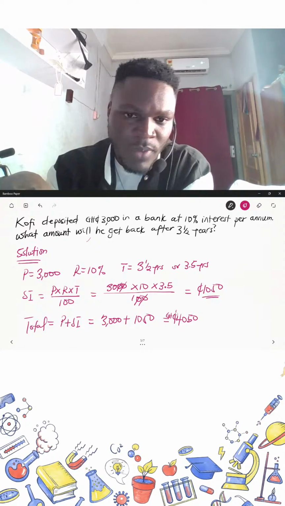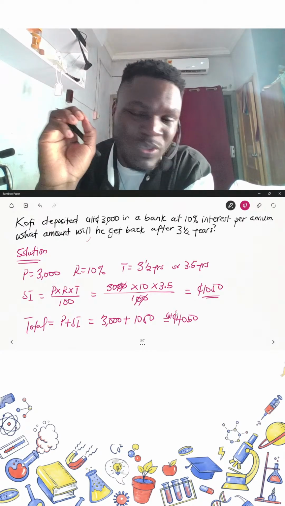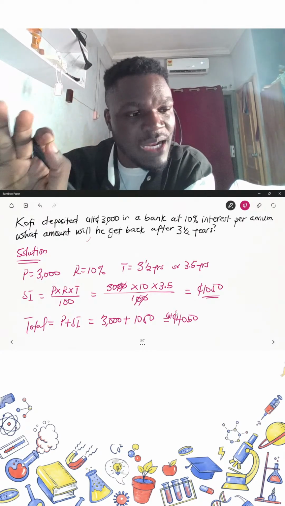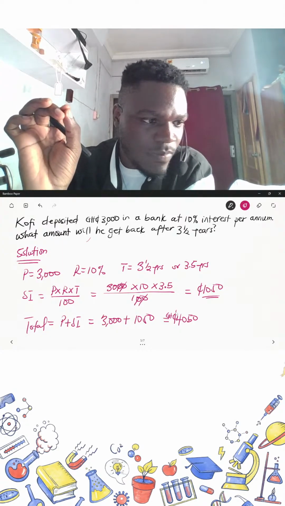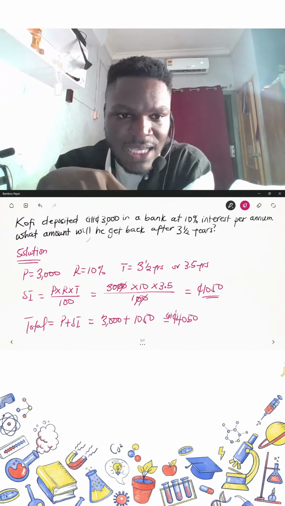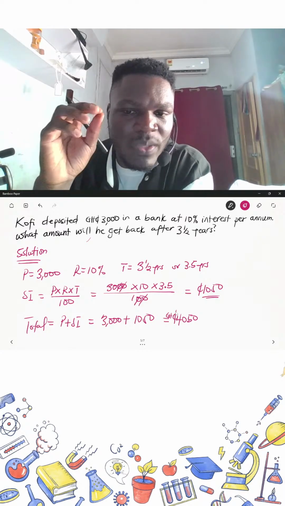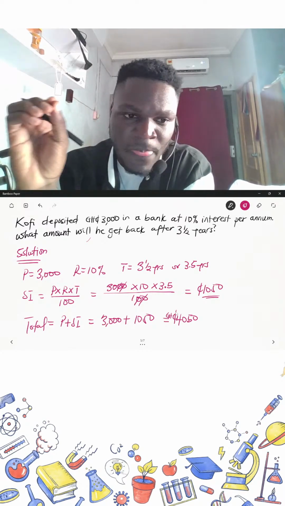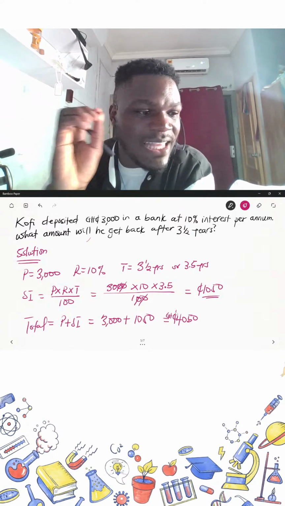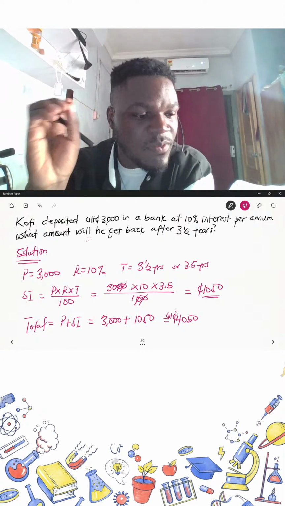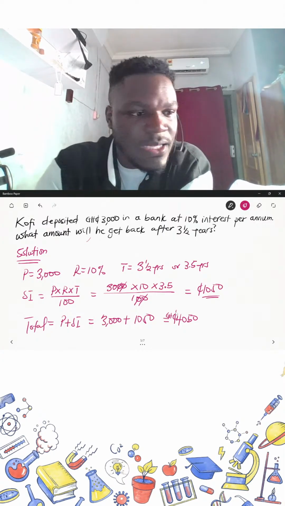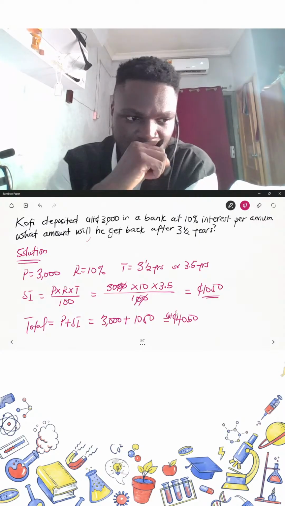But if we are going specifically with the amount that he has to pay after 3.5 years, it is 4,050 Ghana cedis, because the interest is 1,050 Ghana cedis, and the amount that he deposited was 3,000, so he will get 4,050 Ghana cedis at the end of 3.5 years.